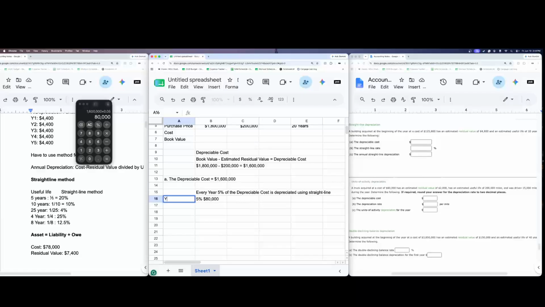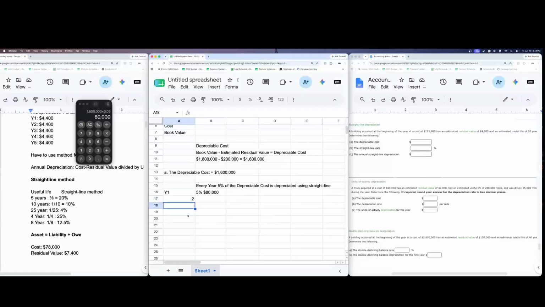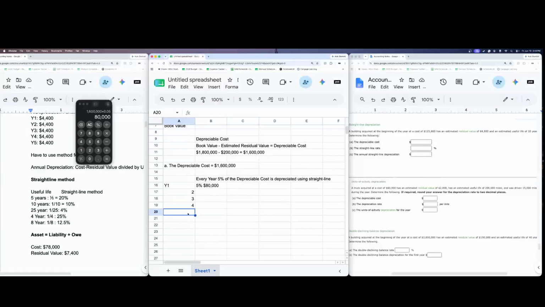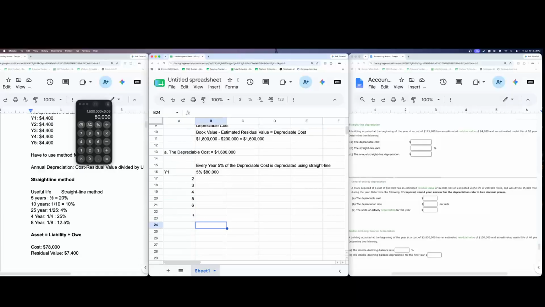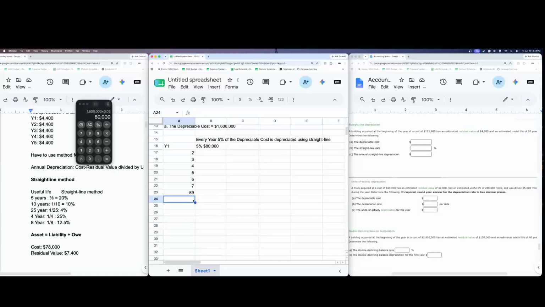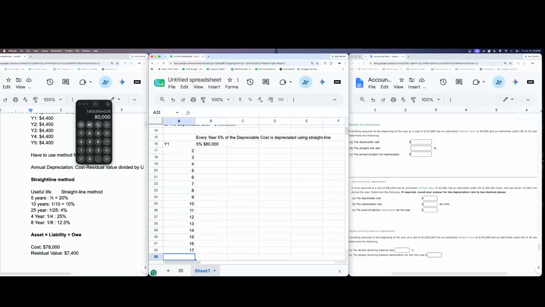So then you count years 1, 2, 3, 4, 5, 6, 7, 8, 9, 10, 11, 12, 13, 14, 15, 16, 17, 18, 19, and 20.